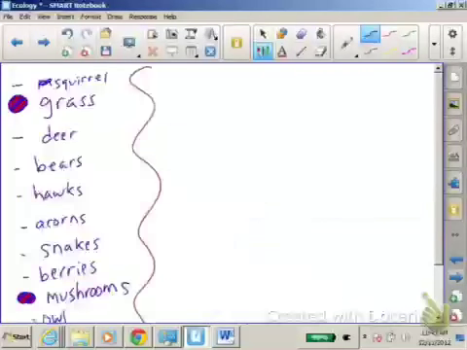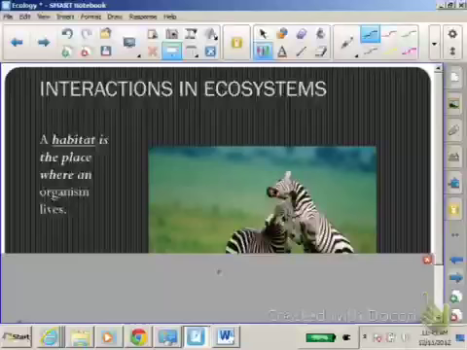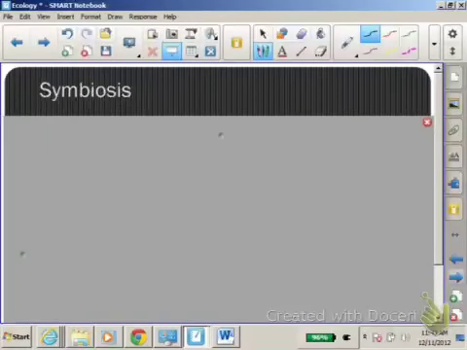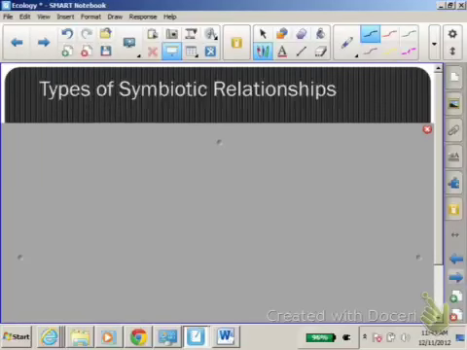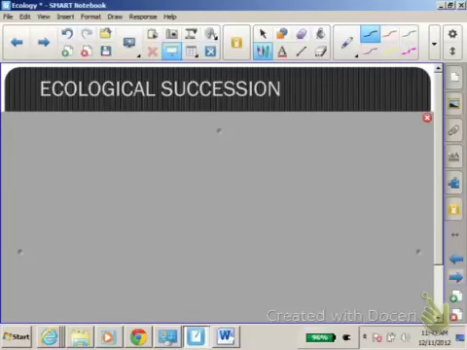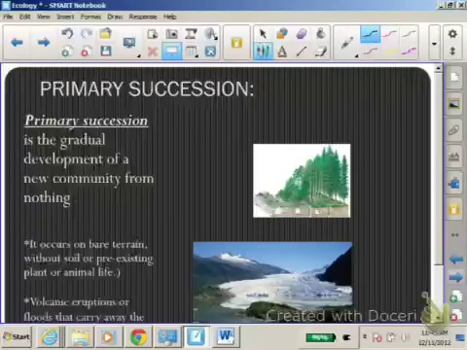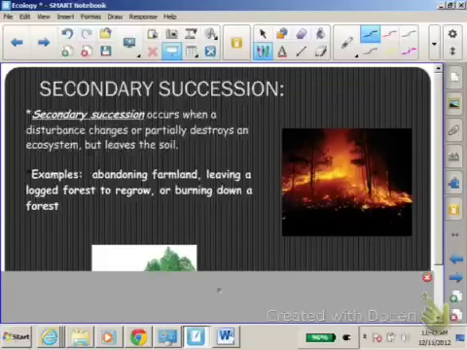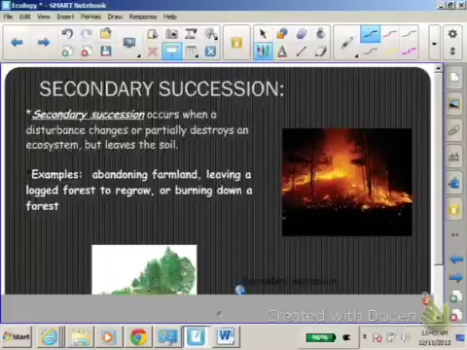We talked about how if a farmer abandoned his farmland, that would lead to secondary succession. A forest burns down, or loggers cut down all the trees in a forest and it has to grow back. That would all be secondary succession. So if you look here, secondary succession: abandoning farmland, leaving a logged forest to regrow, or burning down a forest.